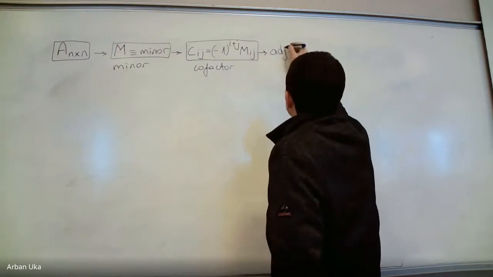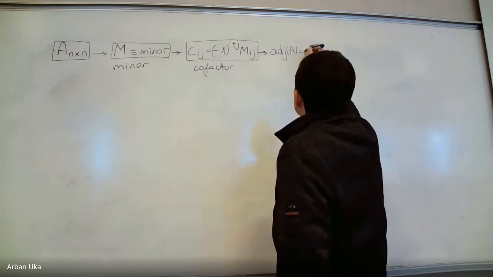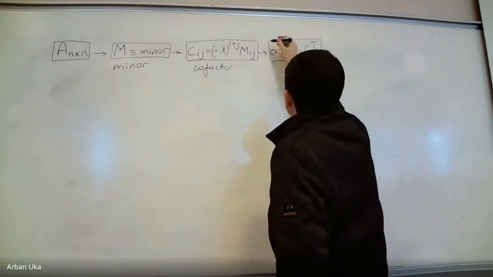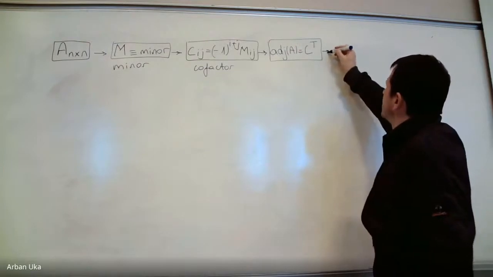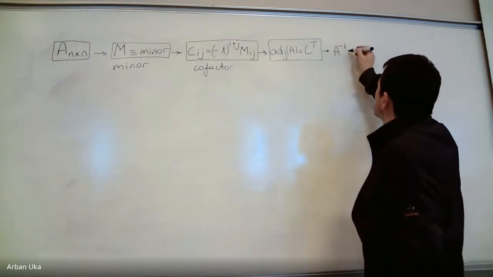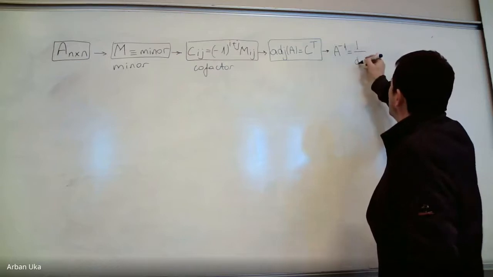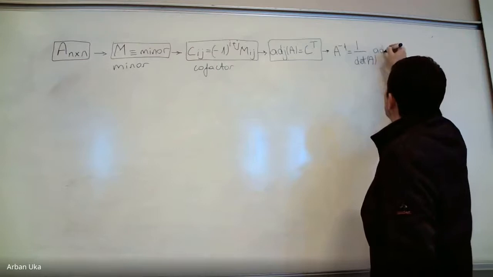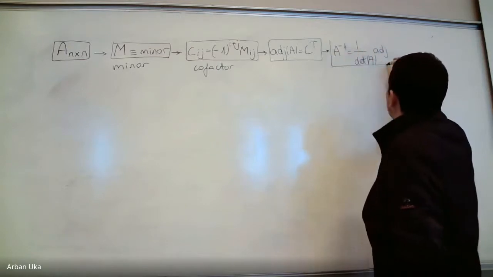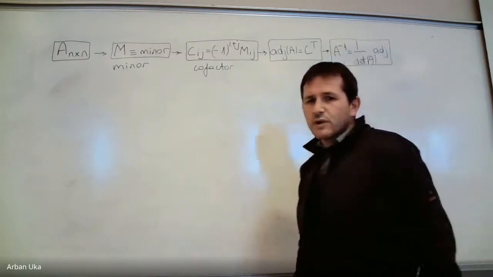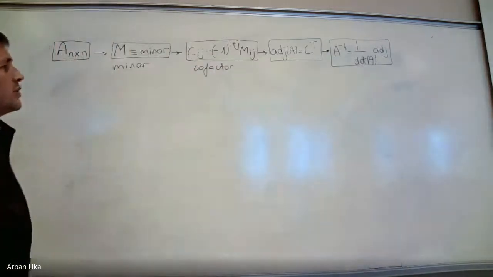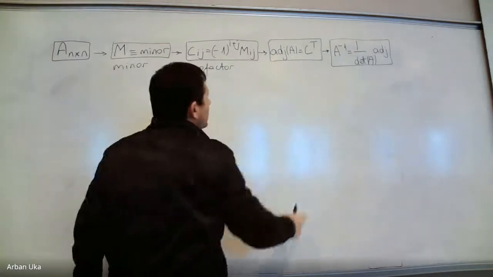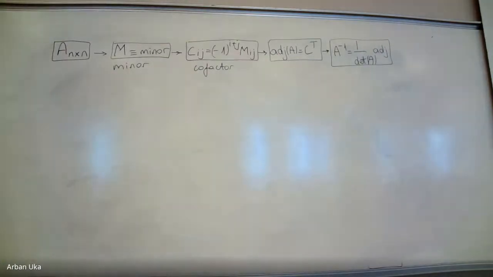The adjoint of A is equal to the transpose of matrix C. And from the adjoint, we can define that the inverse of A is 1 over the determinant of A times the adjoint of A. So we have a procedure which we can follow step by step, 1, 2, 3, 4, and we find the inverse.